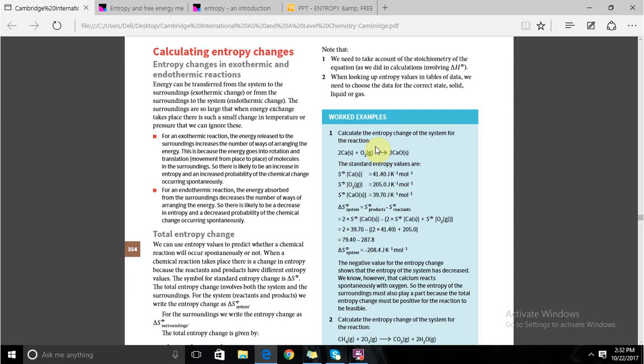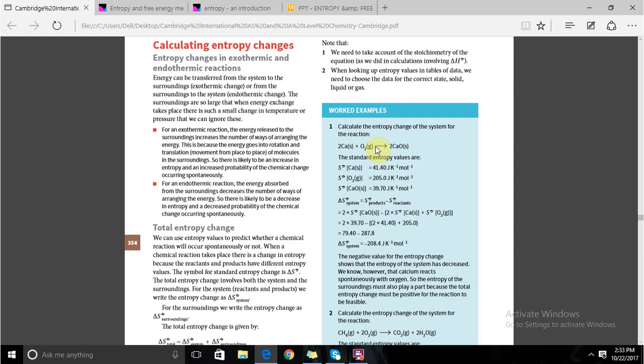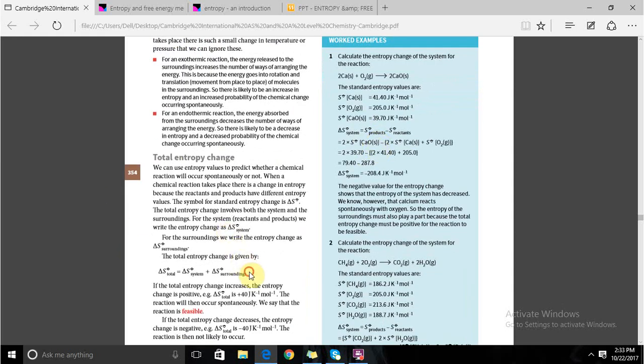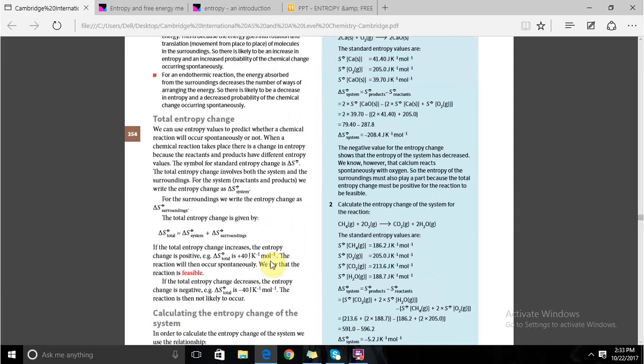For the system, reactants and products, we write the entropy change as delta S naught system, and for the surroundings we write it as delta S naught surroundings, and the total entropy change is given by this. If the total entropy change is positive, a spontaneous reaction will occur, and if it is negative, the reaction is unlikely to ever occur.